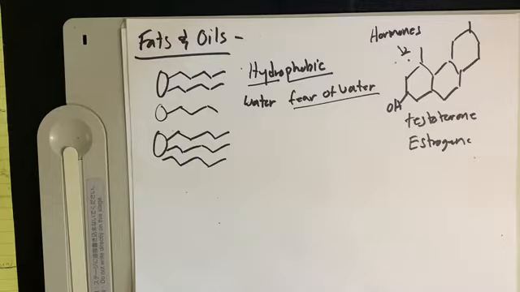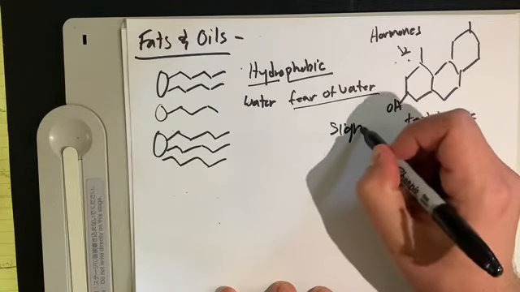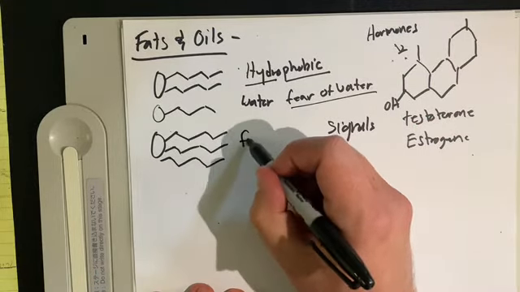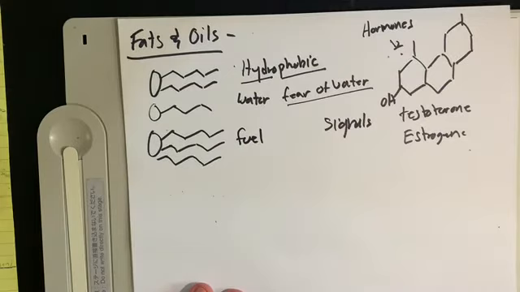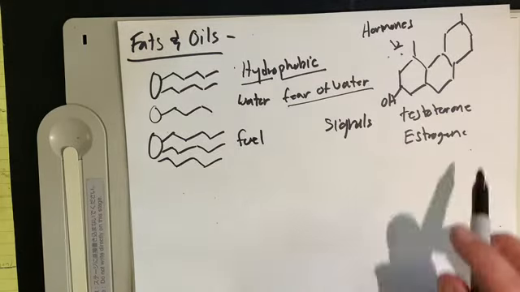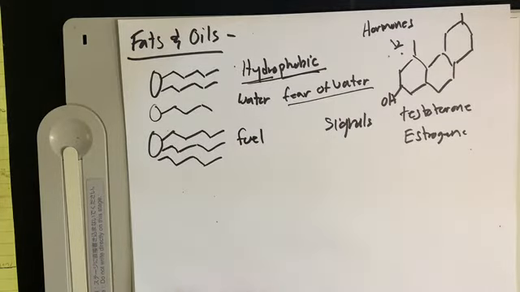And so hormones mainly are used as signals for your cells, where your fats are mainly used as fuel. Your fats and oils are used as fuel inside your cells. And like I said, the main reason why we lump these together is because of that hydrophobic property, their fear of water, so they don't interact well with water.